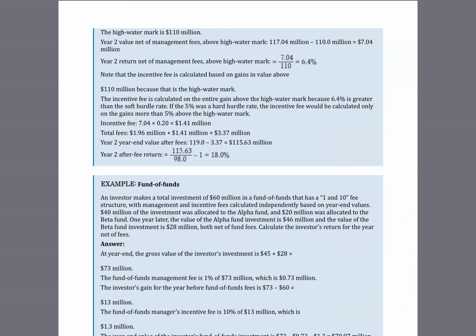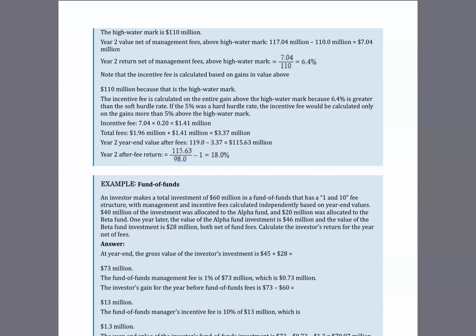That's why I'm saying that if it's a hard hurdle, how much have you lost in the past? Recoup the losses before we start talking about your incentive. So you recoup the losses, then we talk about the incentive. The incentive is 20% of this. So we now calculate 20% of the difference, which is the 7.04, which gives you 1.4. Then we add it to the 1.96 for a total of 3.37.